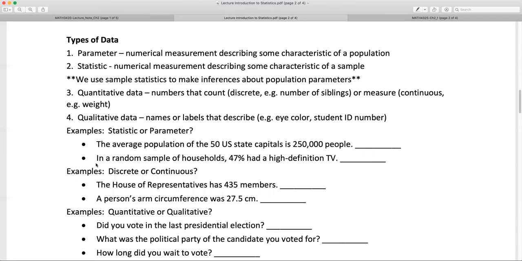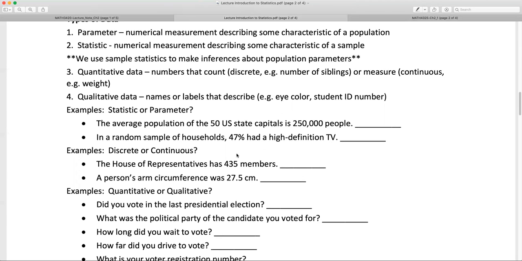Now an example: statistic or parameter? Let's figure out if this example represents a statistic or parameter. The average population of the 50 US state capitals is 250,000 people. Is this a statistic or parameter? It should be a parameter, right?